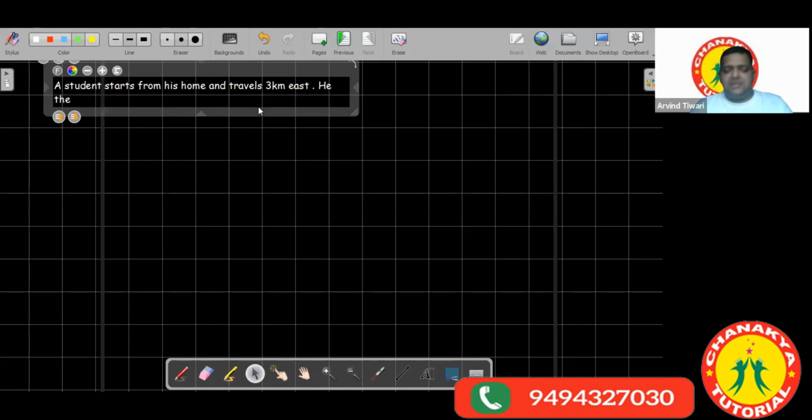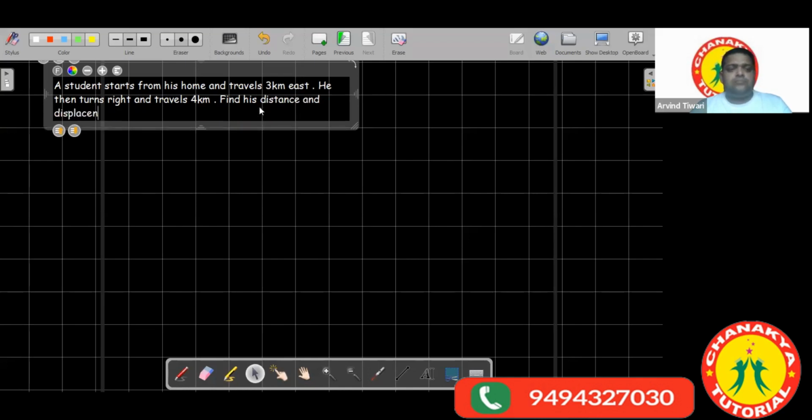He then turns right and travels 4 kilometers. So find his distance and displacement.